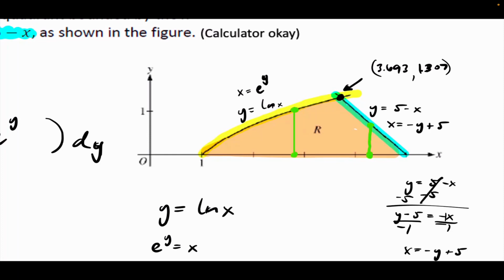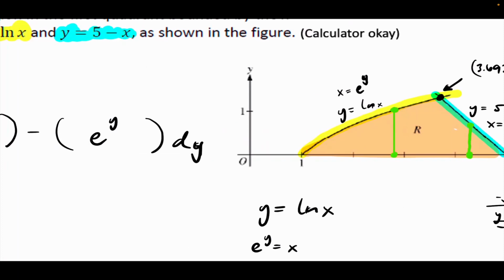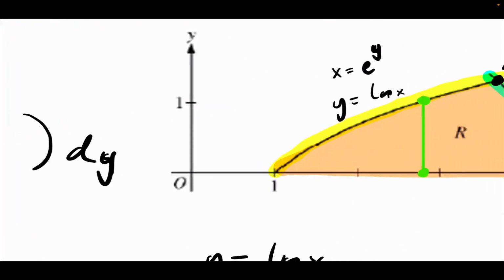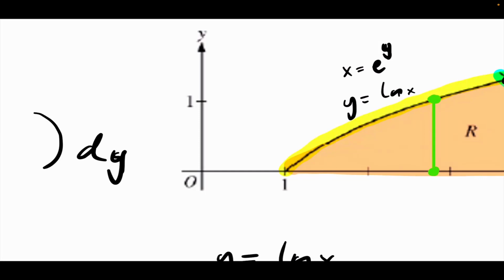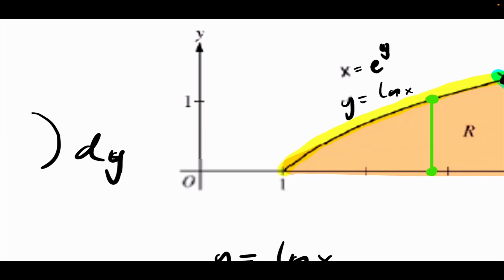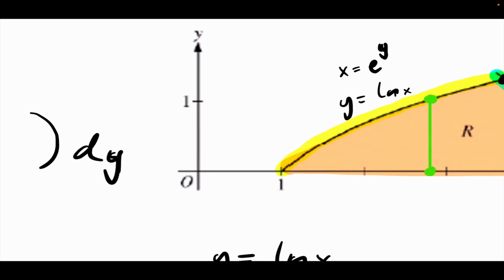Okay. So let's do the first one, the yellow. So let's just take a look at this part right here. So the distance would be top minus bottom. Well, top is natural log of x. Bottom is y equals 0.